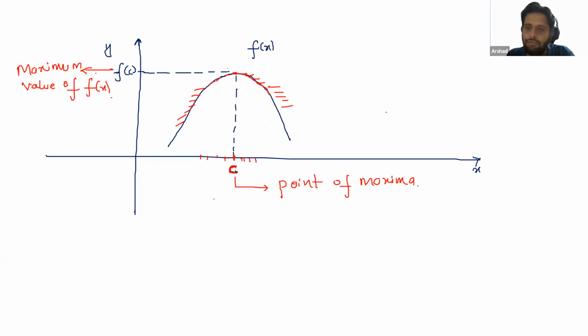Again, raise your hands, then we will start the minimum value. Is it done?